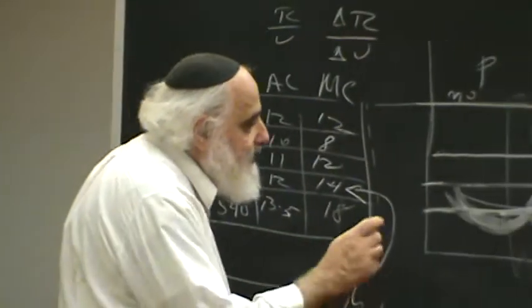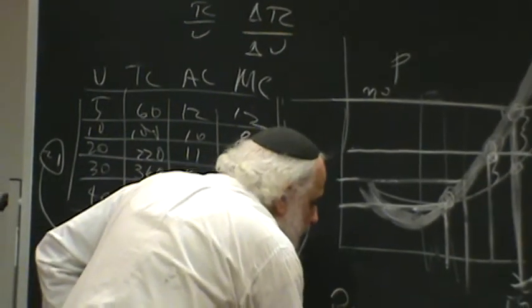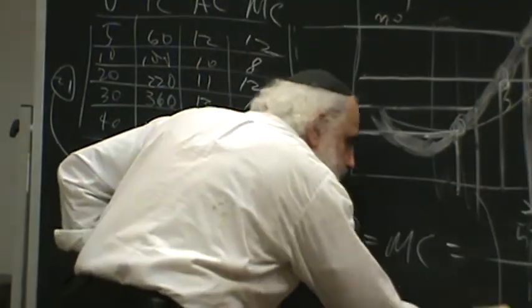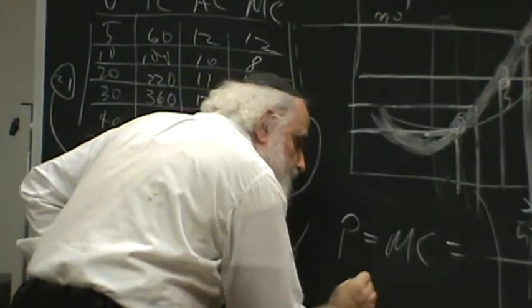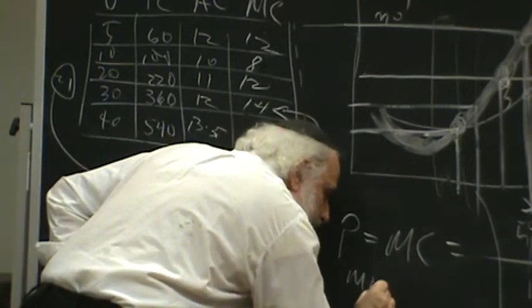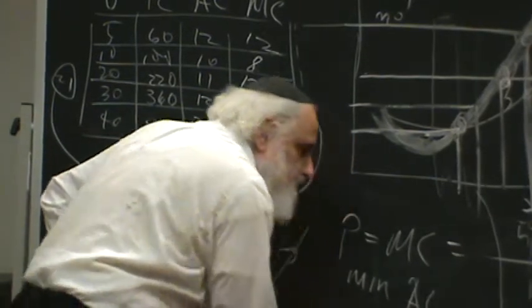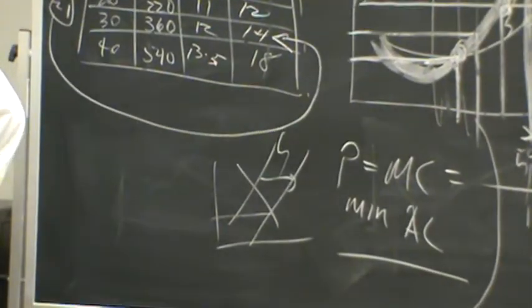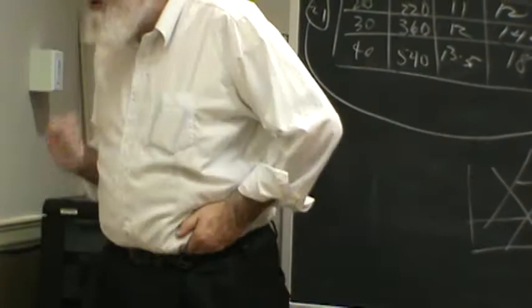When price is equal to average cost. So the price has to equal marginal cost, and it also has to equal average cost. Where does the price equal marginal cost and also equal average cost? At the bottom of the average cost curve, because we just said that the marginal cost and the average cost intersect at the bottom of the average cost curve.